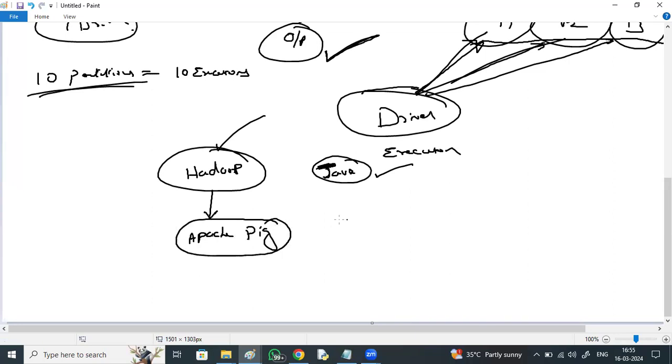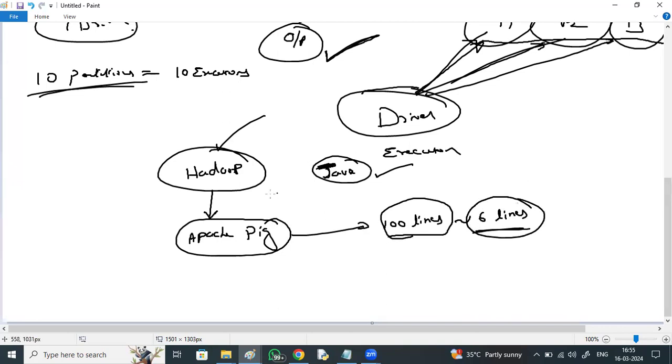Apache Pig is a component where 100 lines of Java code you can write in approximately 6 lines. That is the simple coding you see. It uses the Pig Latin language, where 100 lines of Java code can be written in 6 lines.